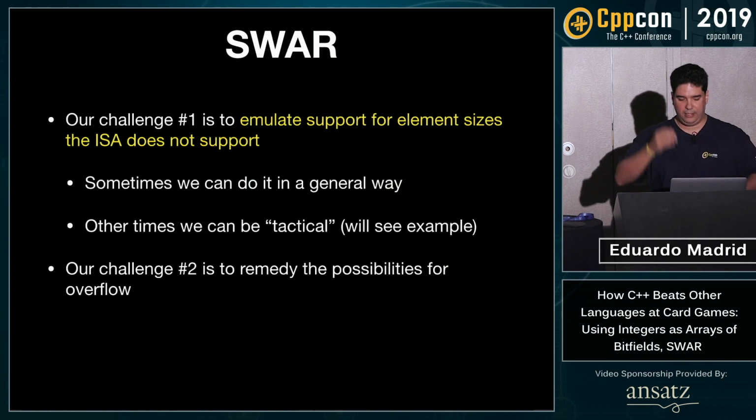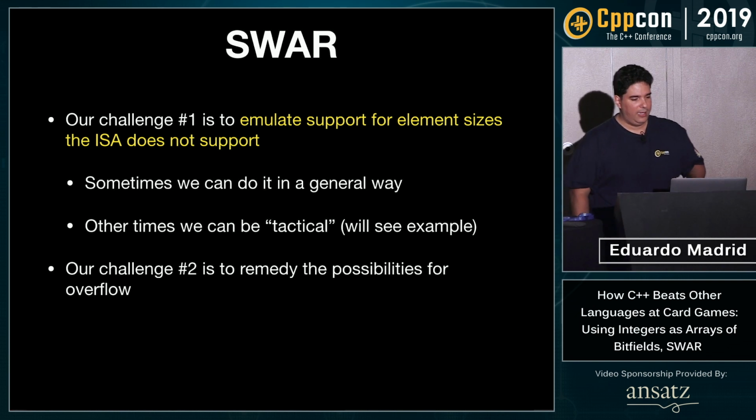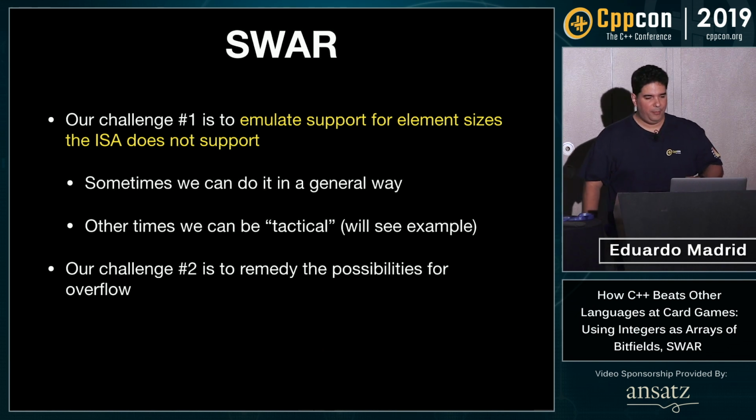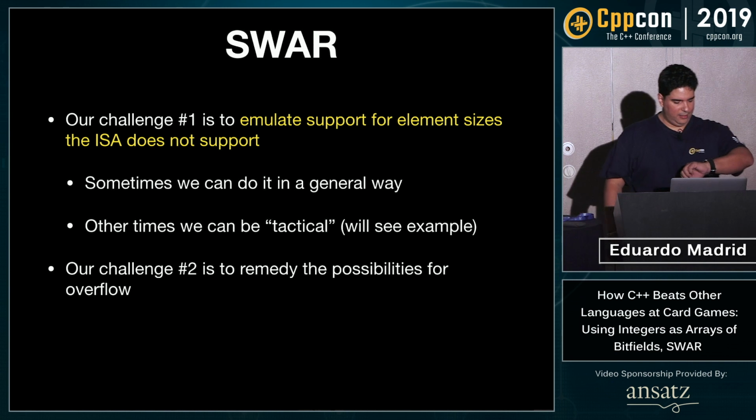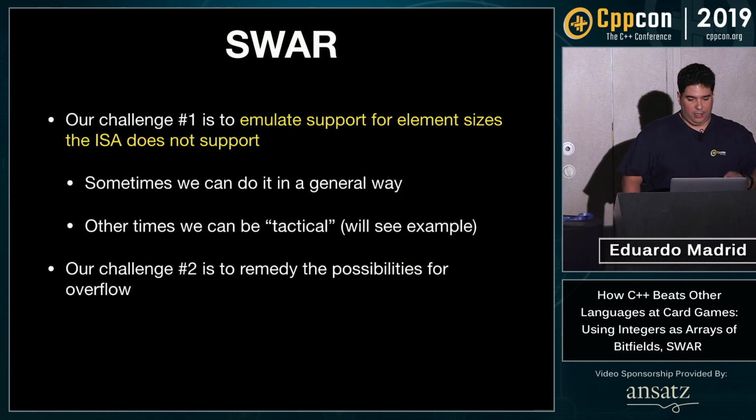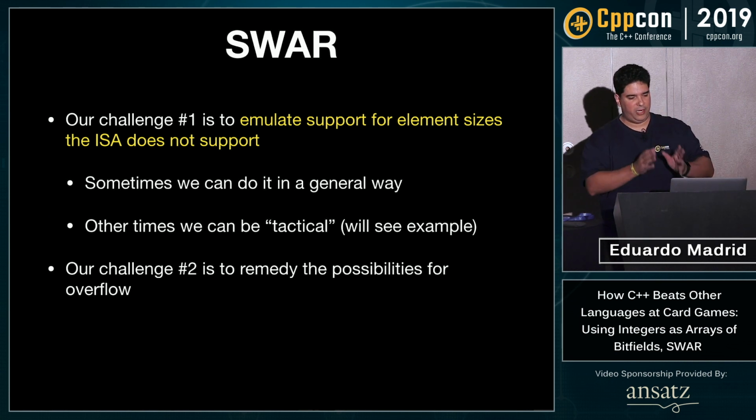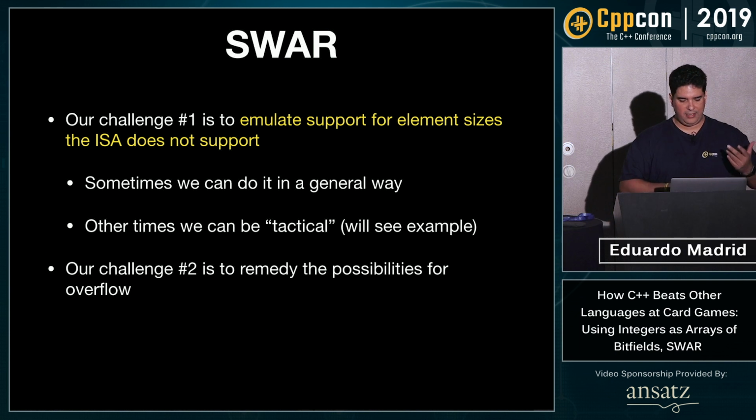That's how we achieve parallelism. All right. Like I've been saying so far, what we really want is to keep these elements separated, to support element sizes when the architecture doesn't give it to us.